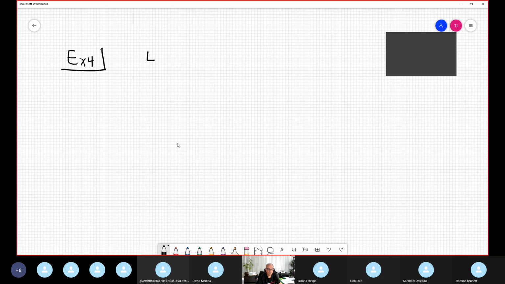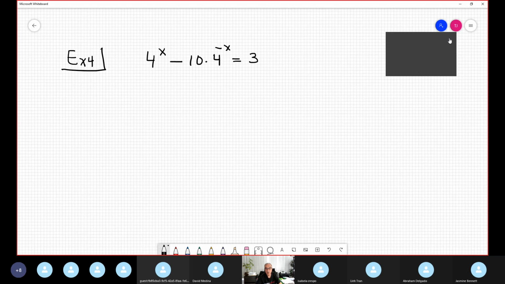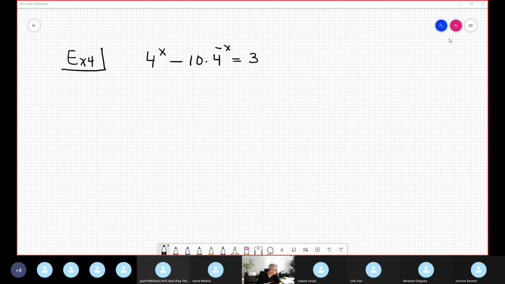4 to the x power minus 10 times 4 to the minus x equals 3. Wow, what the hell is that? I want to avoid the negative exponent, no? It's not good.